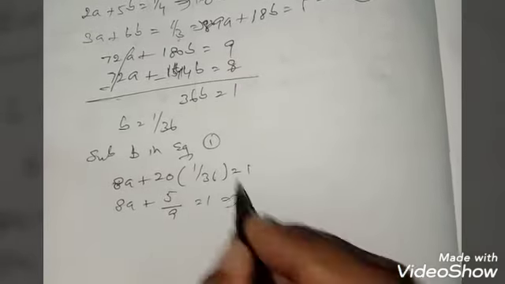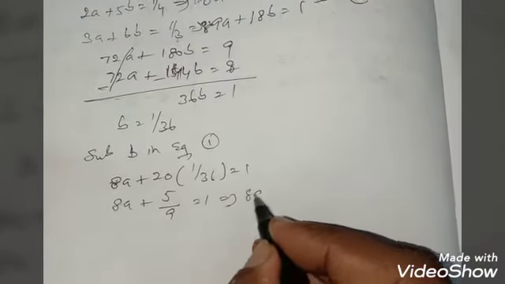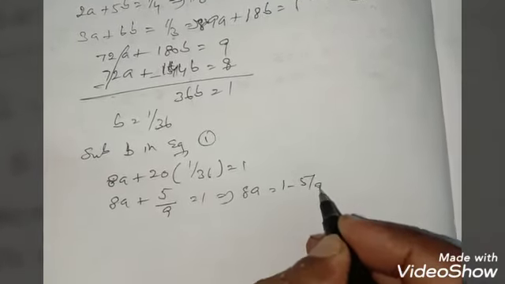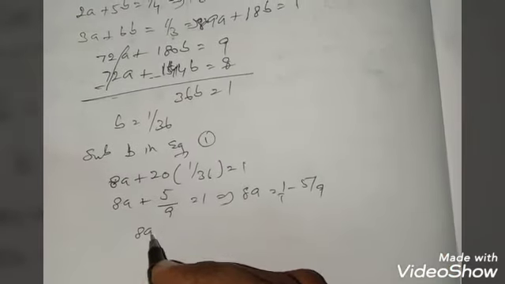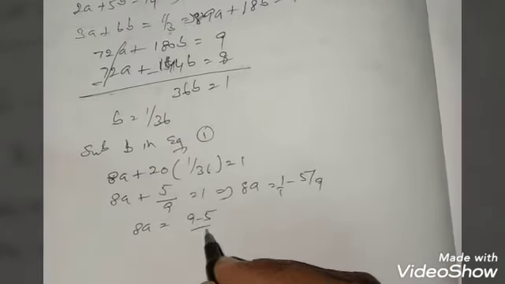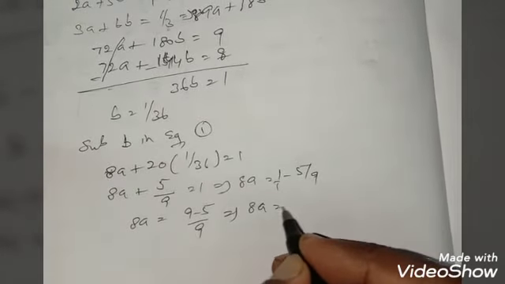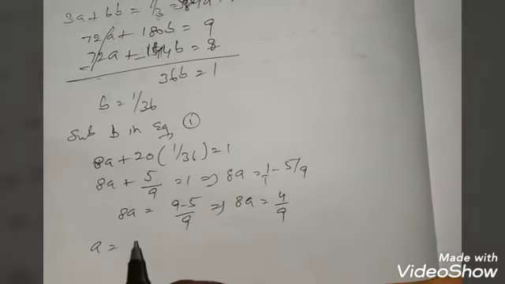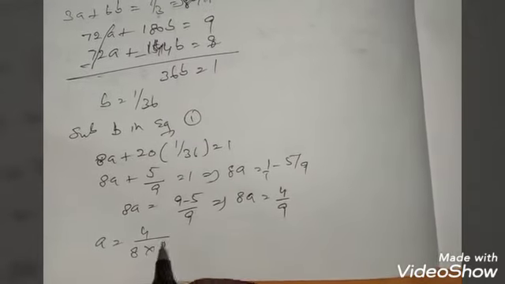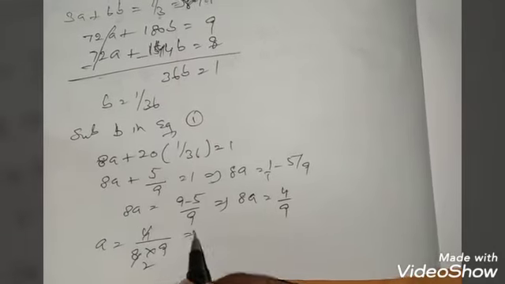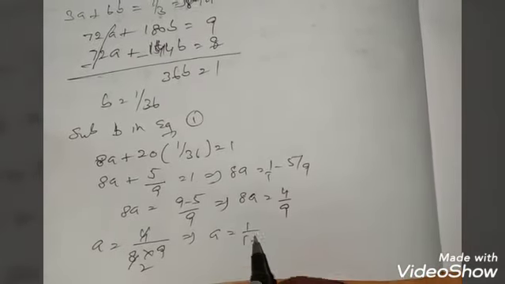So 8a plus 5 by 9 is equal to 1. Send this 5 by 9 across, you will get 8a is equal to 1 minus 5 by 9. If I take LCM, 8a is equal to 9 minus 5 by 9, and 9 minus 5 is nothing but 4 by 9. Now divide by 8, so a is equal to 4 by 8 into 9. Here 4 2s are 8, so you'll get a is equal to 1 by 18.